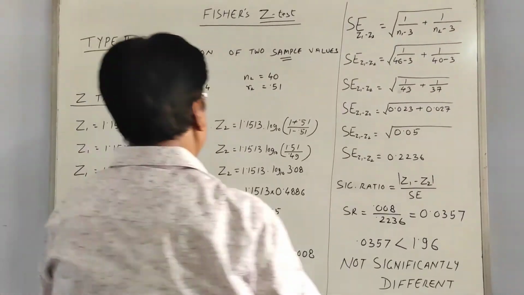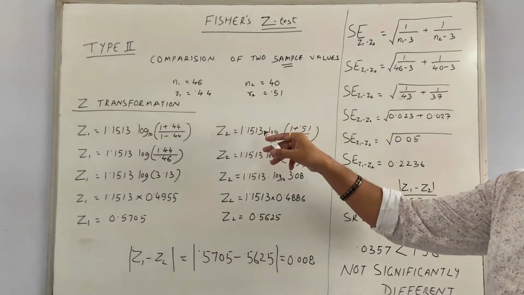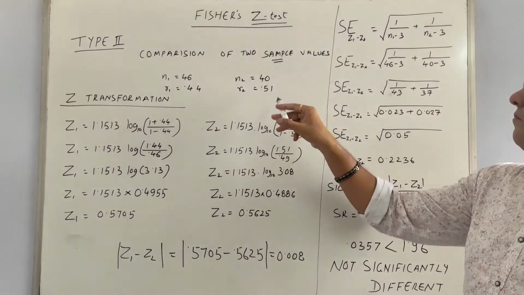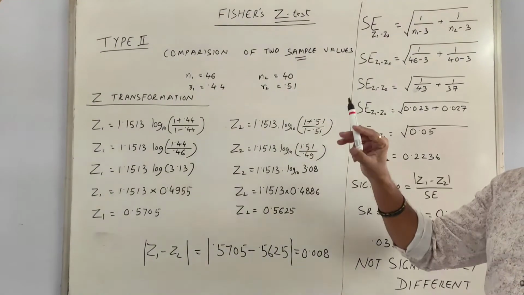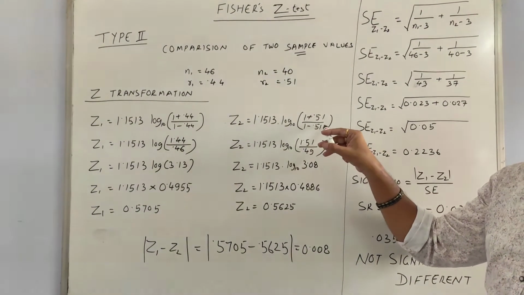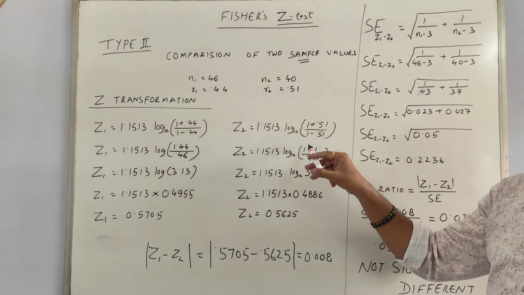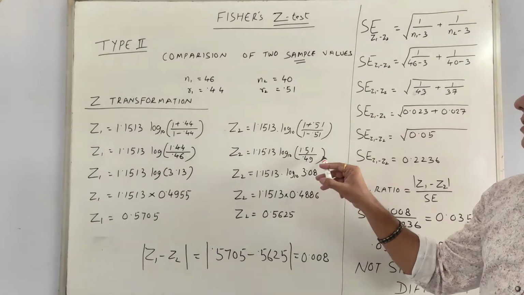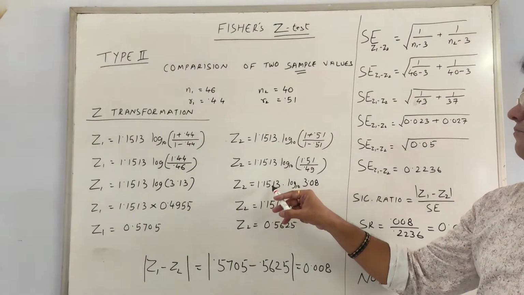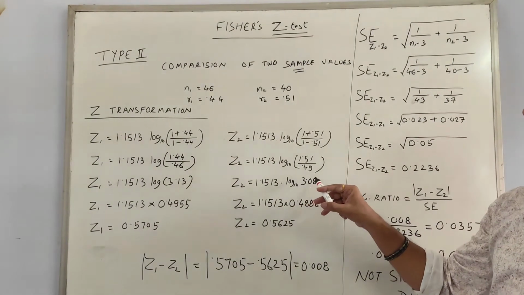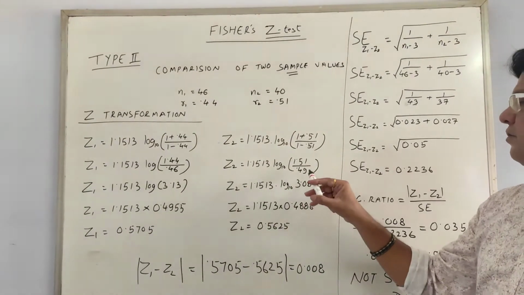Likewise, now we come to the next sample, that is Z2. Z2 is 1.1513 log of (1 plus r2) over (1 minus r2), that is 1.51 divided by 0.49, which is coming to 3.08. So Z2 is 1.1513 into log of 3.08 to the base 10. We are taking the value of the log.